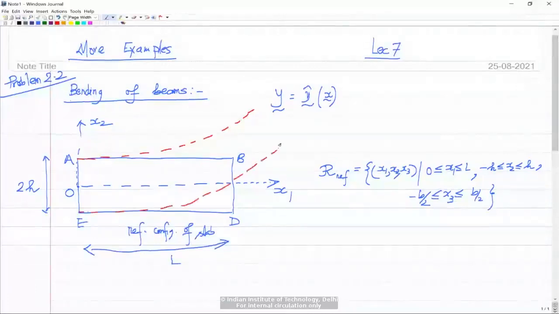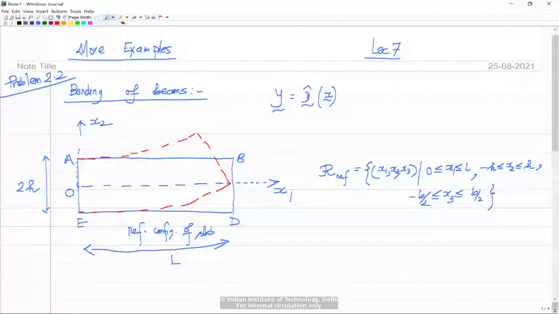Let me make it a bit nicer. Okay, so that's a red one, that's a deformed beam.